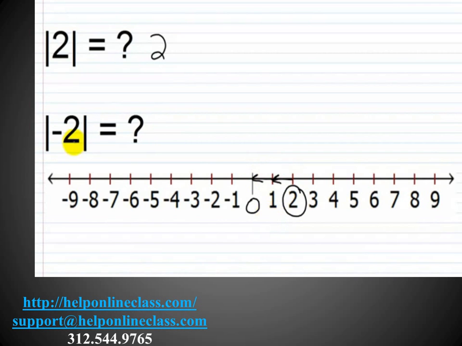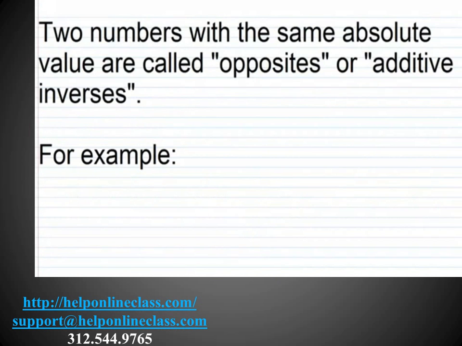Now also, negative 2 has an absolute value of 2 because you have to move 2 units to get from negative 2 to 0 as well. So look, you go 2 units that way to get to 0. So two numbers with the same absolute value, like we just saw, 2 and negative 2, are called opposites or additive inverses.